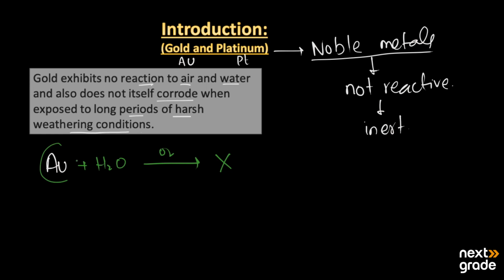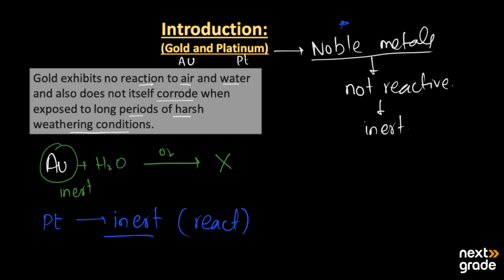So gold is a noble metal, inert towards water and oxygen. Likewise, platinum is also an inert metal, called a noble metal, because it does not react with other substances.